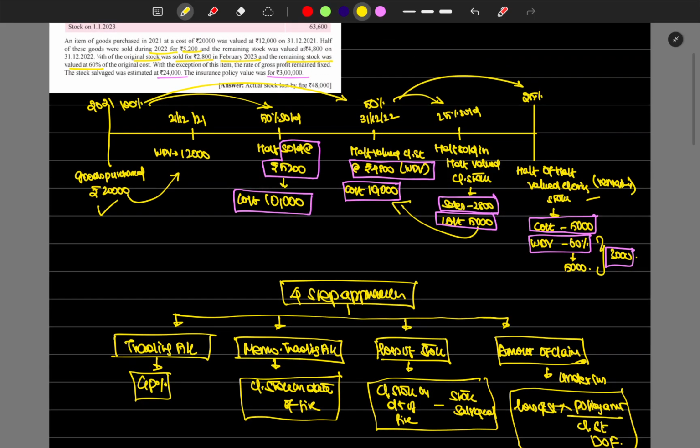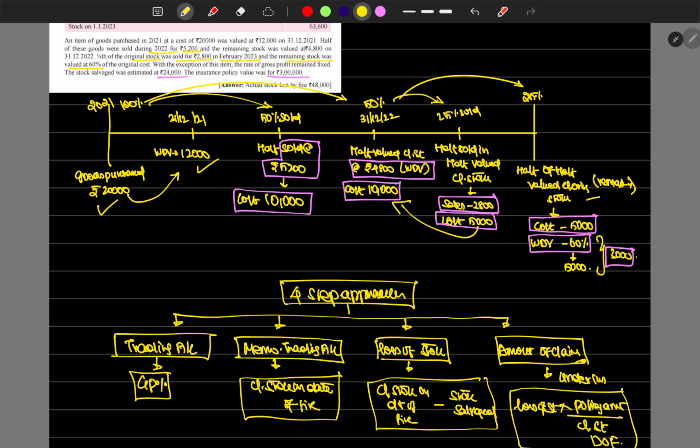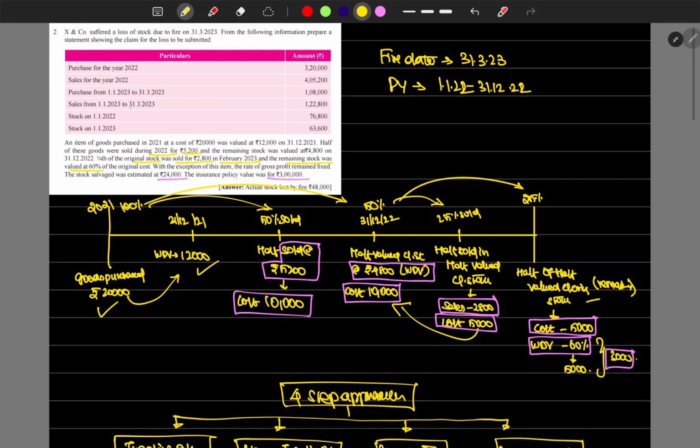Okay, we have data since 2021. So in 2021 we purchased the goods worth 20,000. On 31/12 the goods WDV is 12,000. So in the opening stock we had only the WDV of 12,000. We need to add the 8,000 which has been removed here.